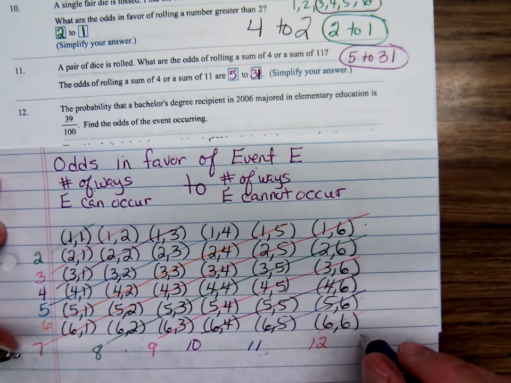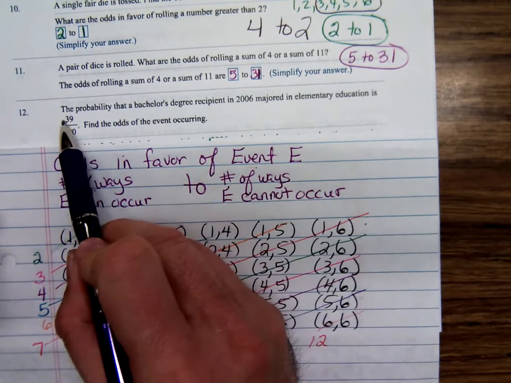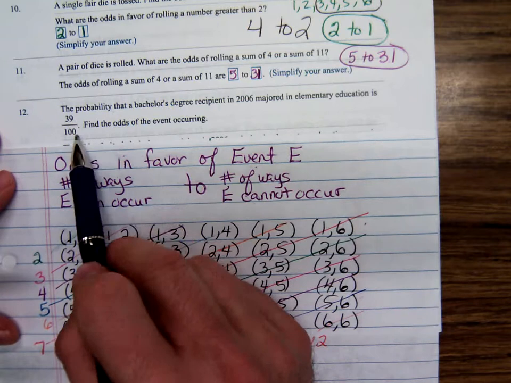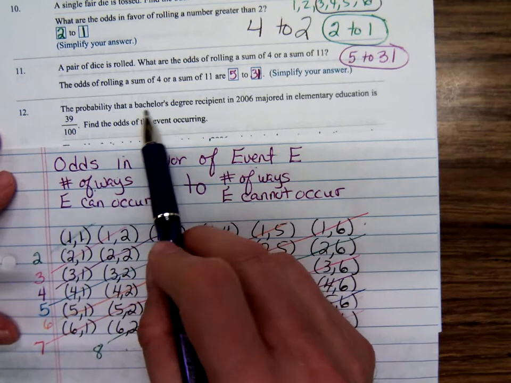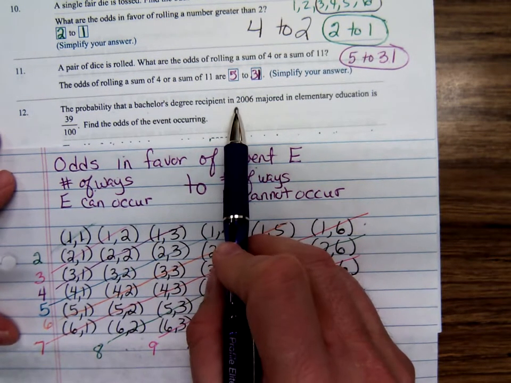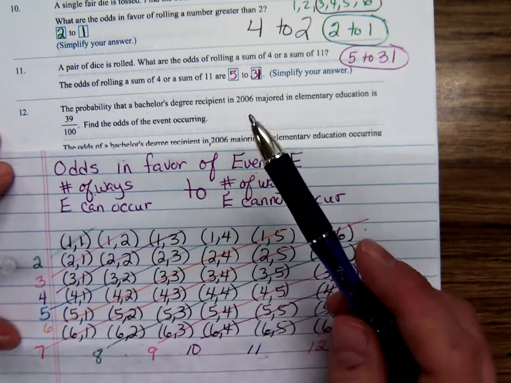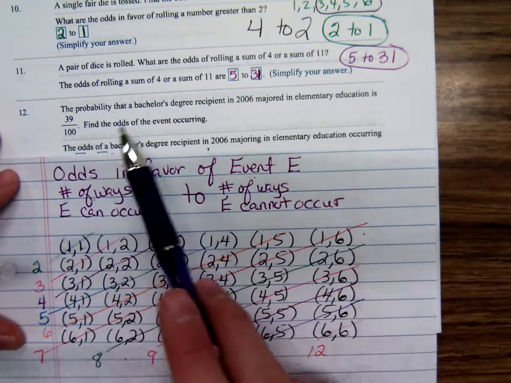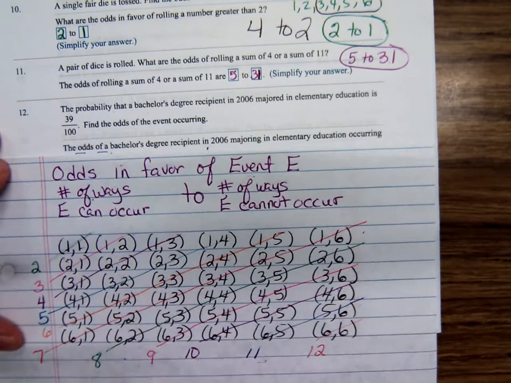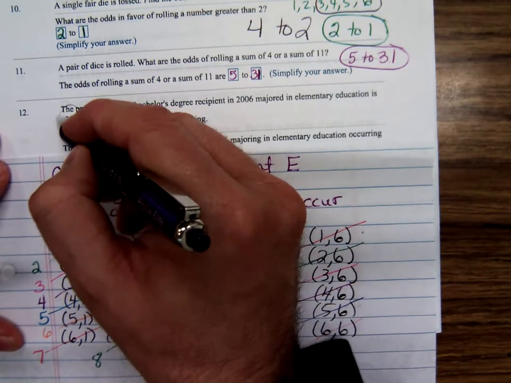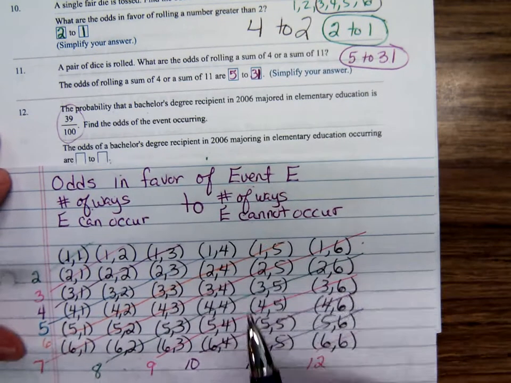So on this one here, find the probability that a bachelor's degree recipient in 2006 majored in elementary education is 39 over 100. Find the corresponding odds. Here we're given the probability, and we want to write it as odds.